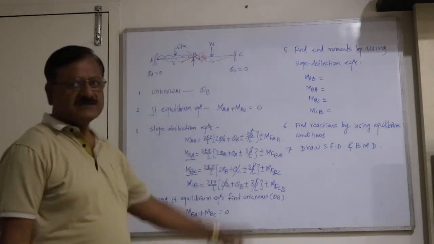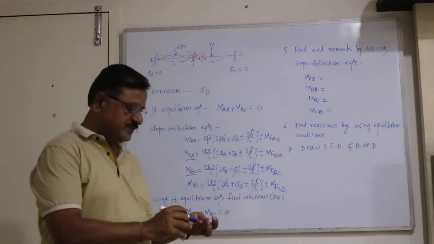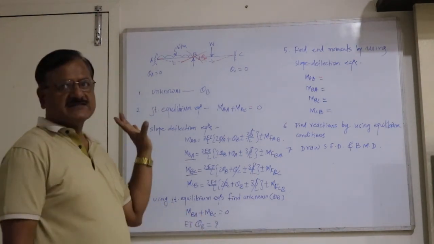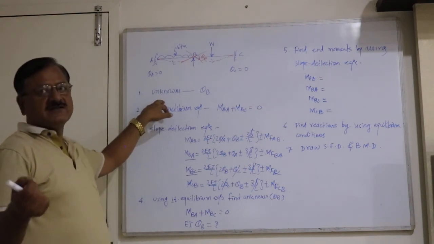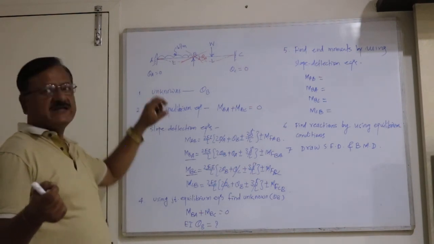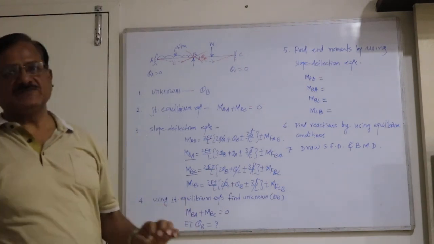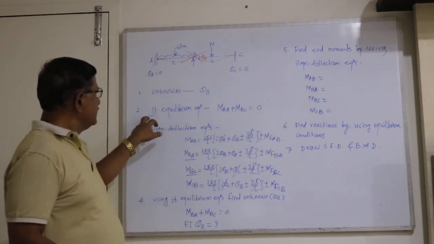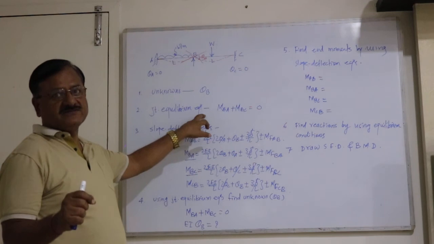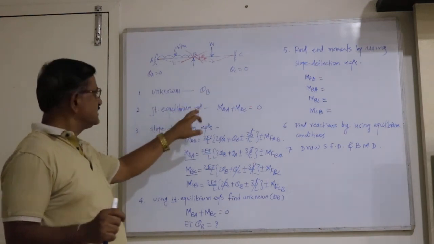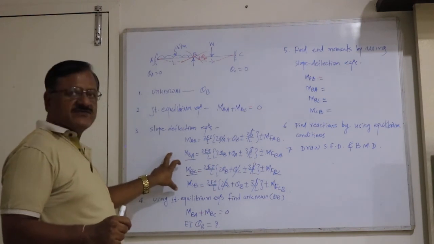So this is the overall procedure to solve the problem by using the slope deflection method. Very simple procedure. Identify unknowns. After solving 2-3 problems, we will understand that identifying unknowns in this method is very simple. Then write the joint equilibrium equation to find out the unknowns. Then develop slope deflection equations.